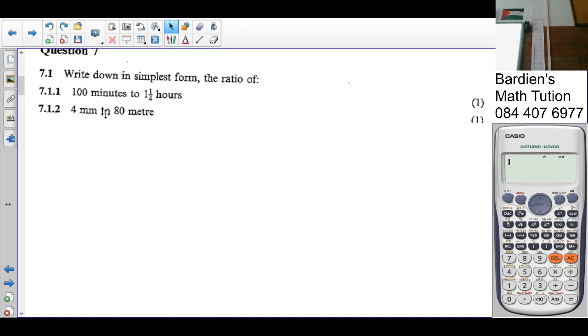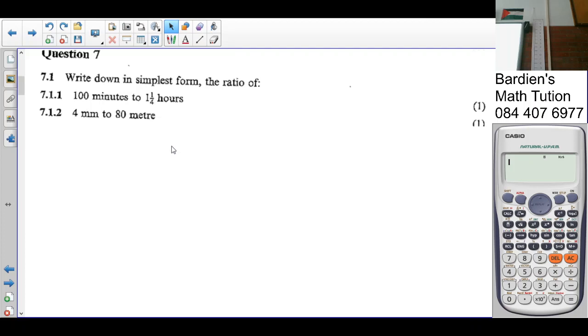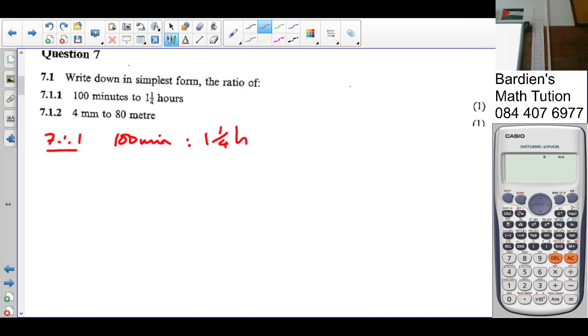Question 7. As I said, I'm going to answer it anyway. Write down the simplest form of the ratio of 100 minutes is to 1 1/4 of an hour. How many minutes are there in an hour? 60.